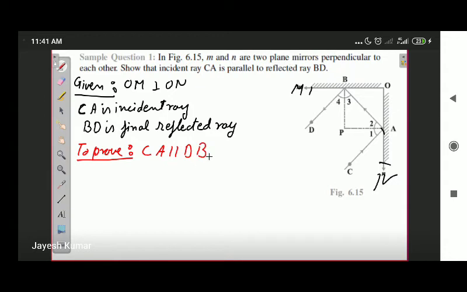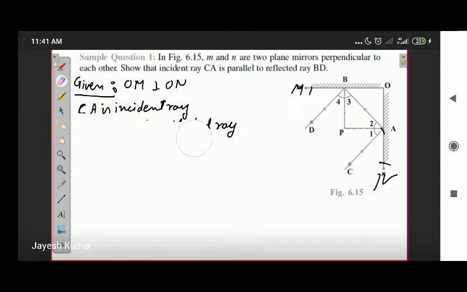Okay. In this diagram, the construction part is already given to us. The construction is included in the figure. The normals AP and BP. Let me write down in given as well. Second given was BD was the final reflected ray.